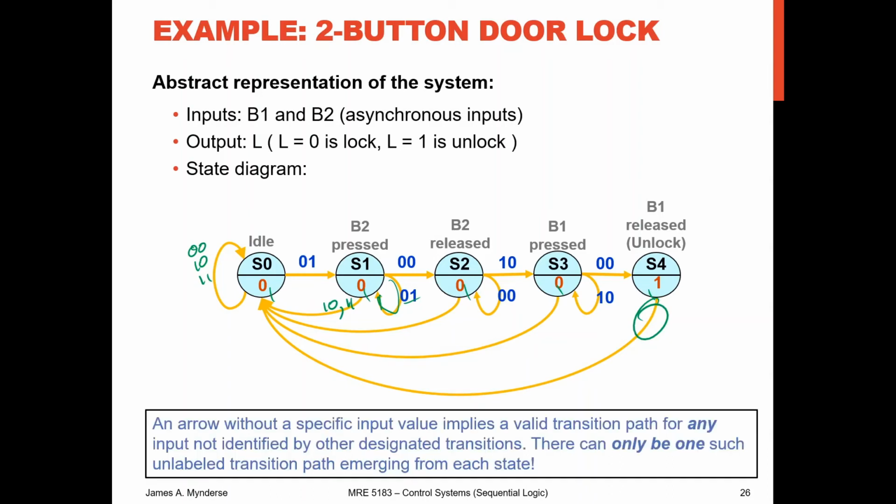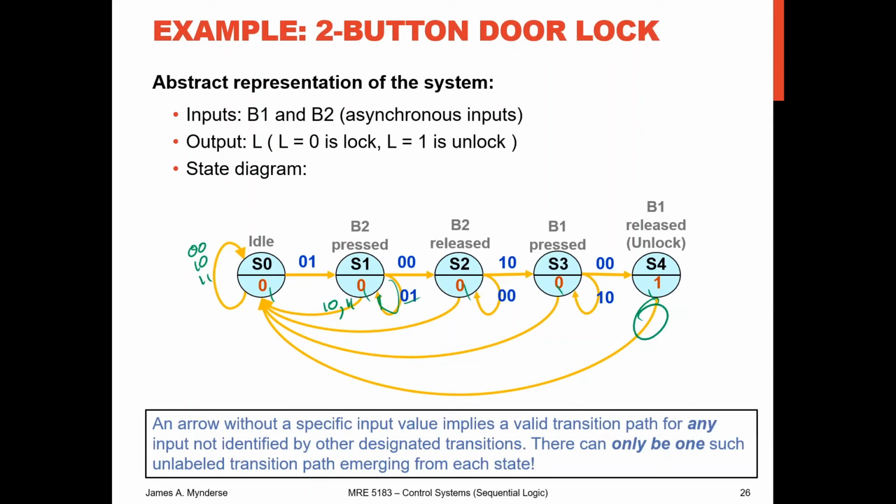So there's my note. An arrow without a specific input value implies anything else that's not identified elsewhere. This gets to be a problem. The reason it gets to be a problem is that students often forget that some of the things that they have marked as not possible get lumped in there.